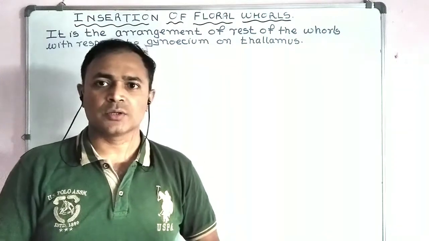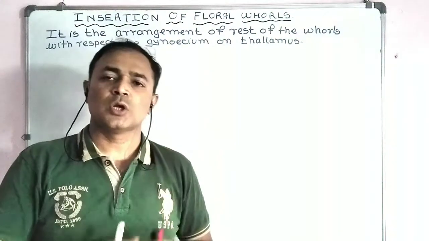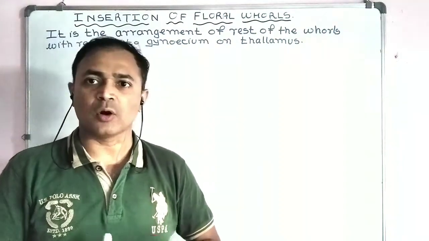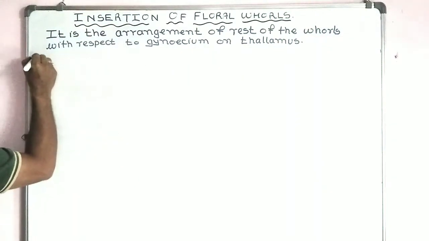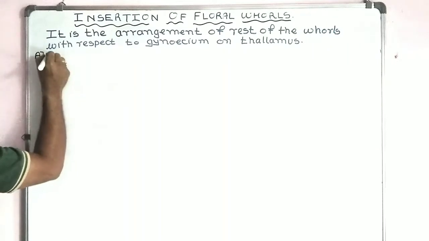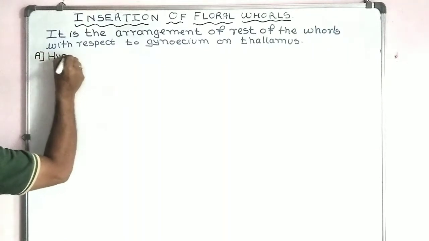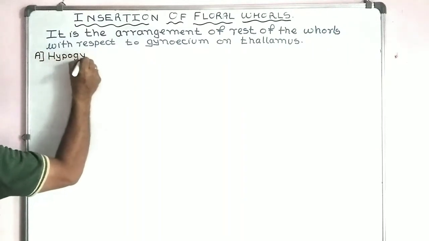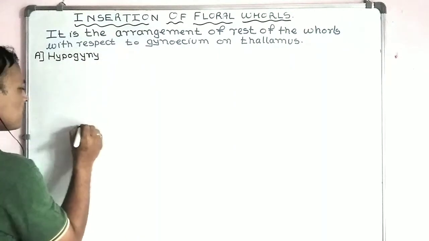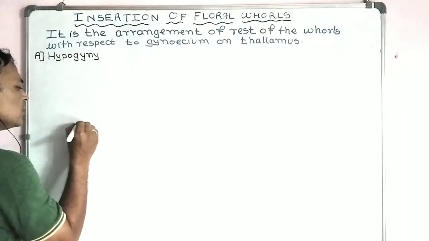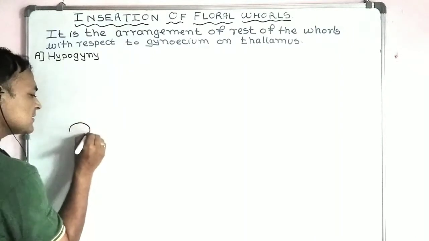Let us talk about the different types of insertion of floral whorls. The first type is hypogyny. Suppose this is the slope of thalamus.